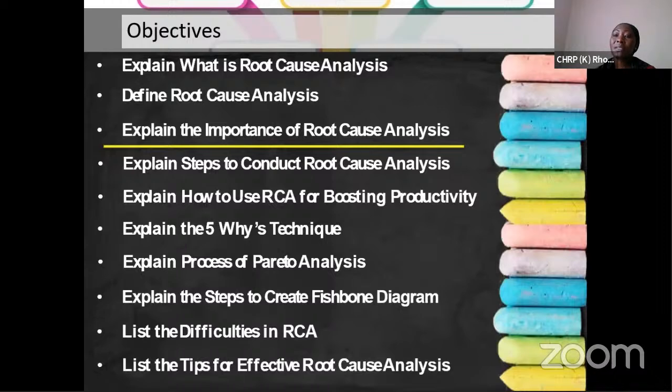It's just like on a personal level. What happens when someone starts complaining of a headache and you go to a major hospital like Aga Khan? Probably you're just having a migraine, and then the doctor will ask you, is it on the left side, the right side? Is it from the back? Is it from the front? If we just go to the pharmacy, and this has been continuing for a week or two, and we just say, give me mara moja, give me Panadol, then you are relieved temporarily.